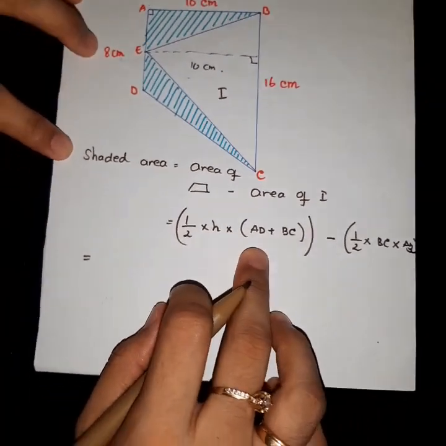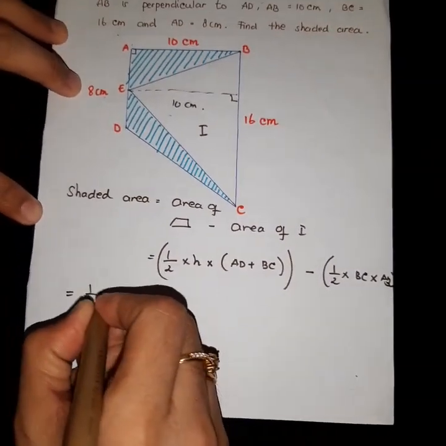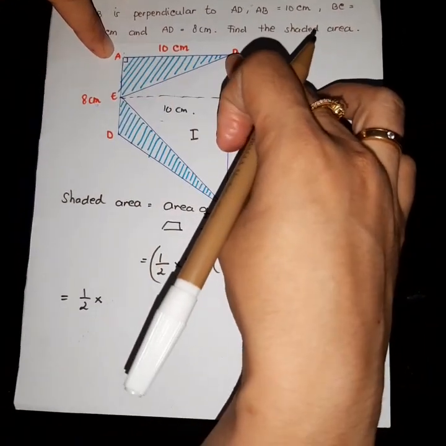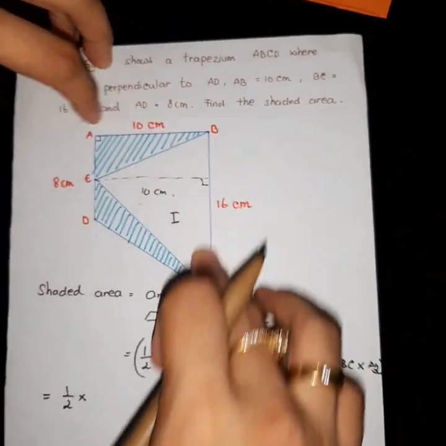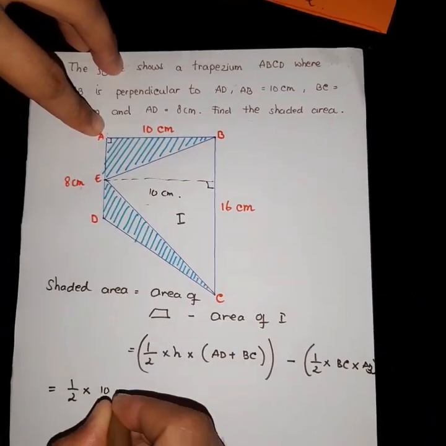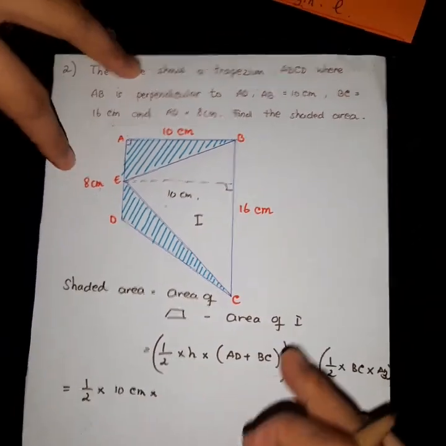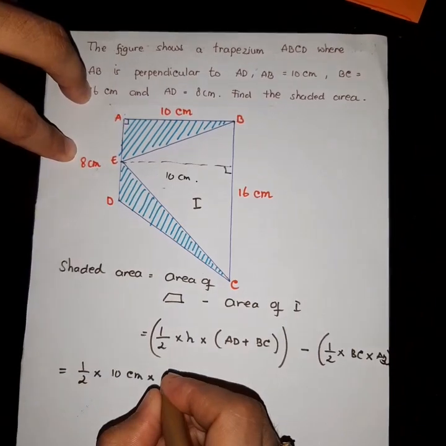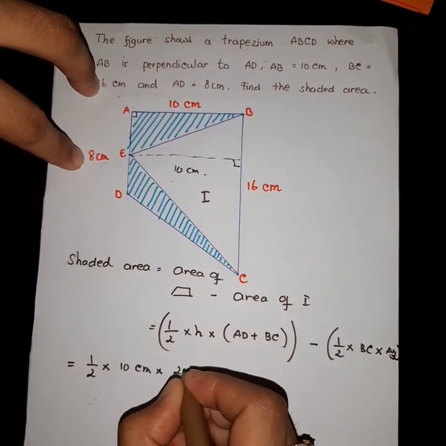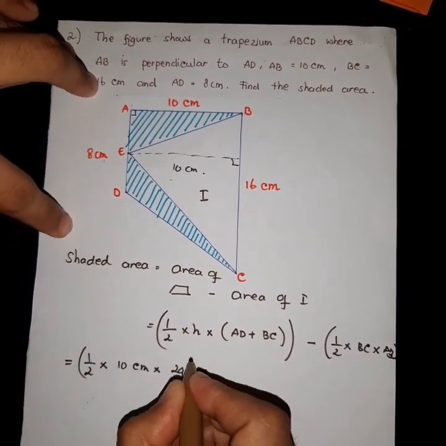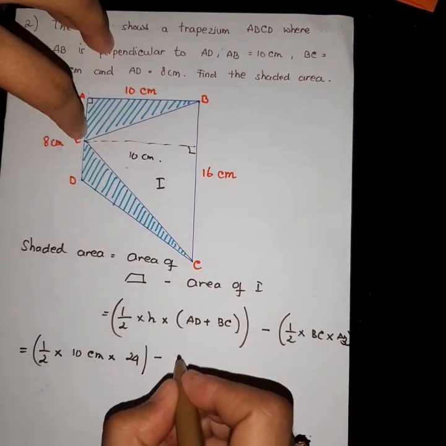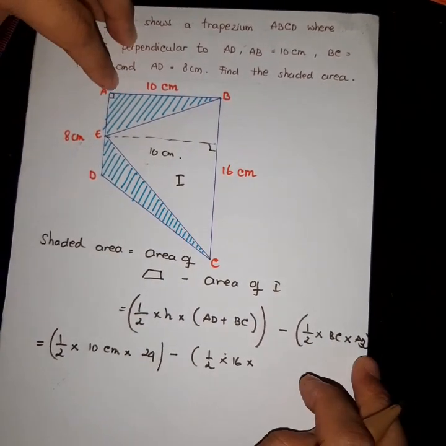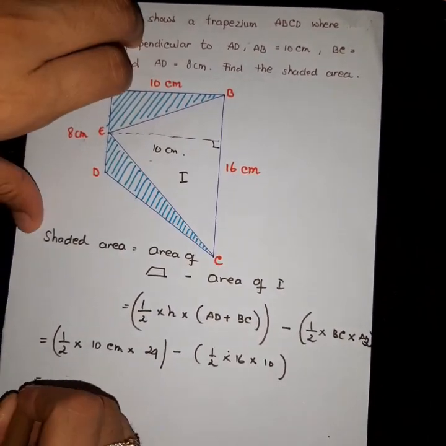So for the area of the trapezium, it is half times the height of the trapezium, which is obviously this one because it is perpendicular to the parallel sides, 10 centimeters, times the sum of the two parallel sides, 16 plus 8. So 16 plus 8 is 24, minus half times BC, 16, times AB, which is 10 centimeters.